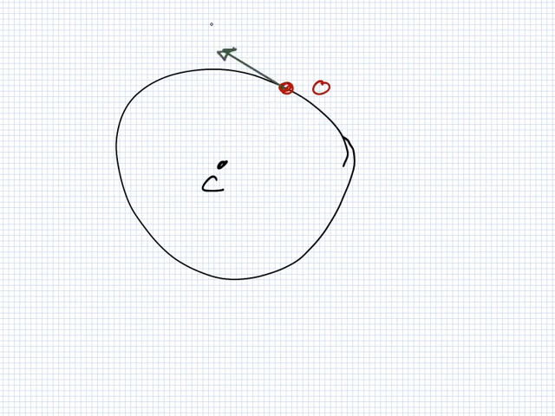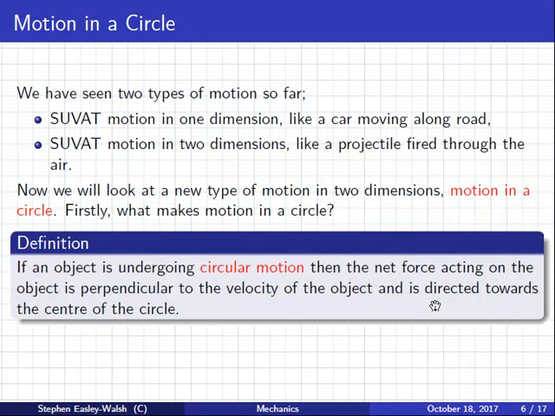If the velocity is this way, then the acceleration or the force is this way, and these are perpendicular, and this is pointed towards the center. Always, even when it moves. So like here, this is perpendicular. The force is perpendicular to the velocity, and it's directed towards the center of the circle.